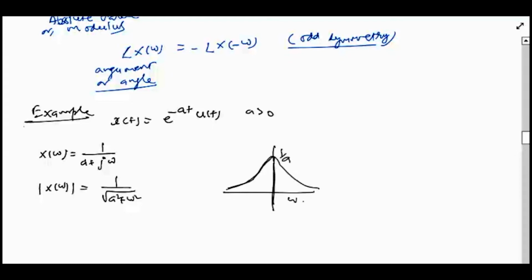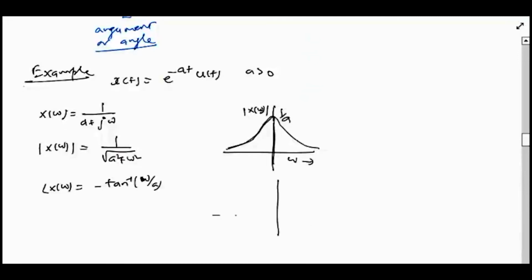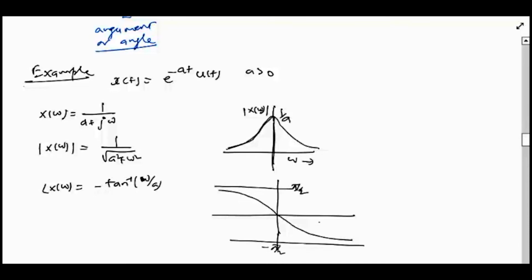Peak value is 1 over a, so here is omega and this is modulus of X omega. Angle of X omega can also be easily seen to be minus tan inverse omega by a. If we plot this angle, it looks as follows. These values are pi by 2 and minus pi by 2 respectively. So here is omega, this is angle of X omega.